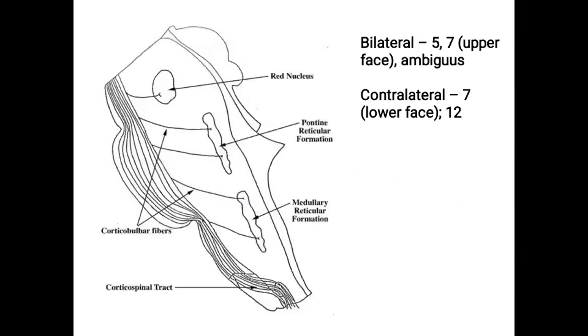You can see here bilaterally to the fifth, seventh, and nucleus ambiguus, and contralateral to the 12th cranial nerve.